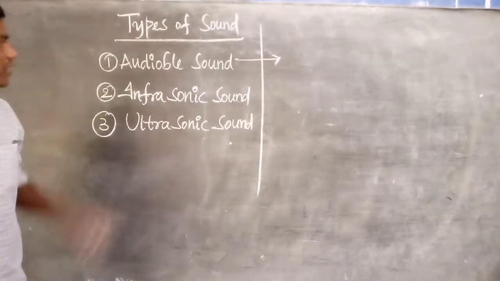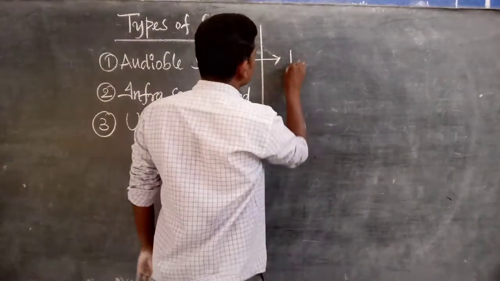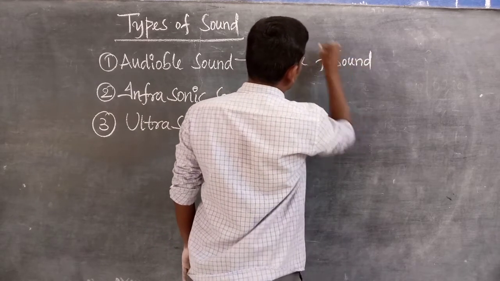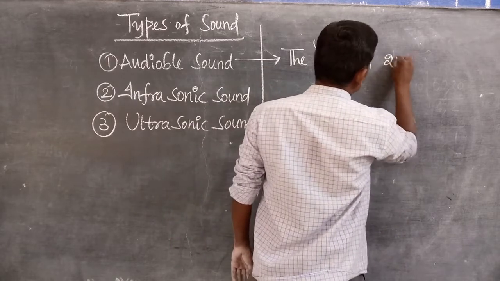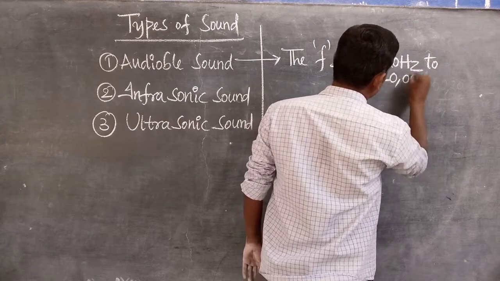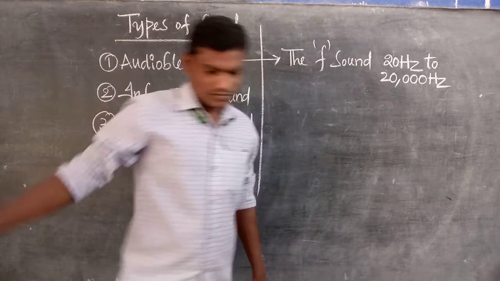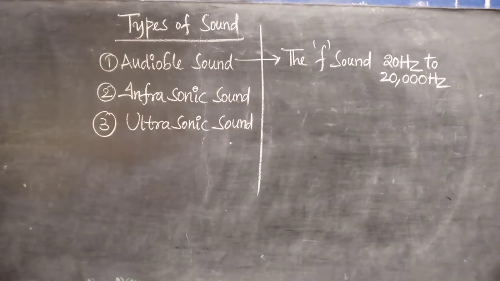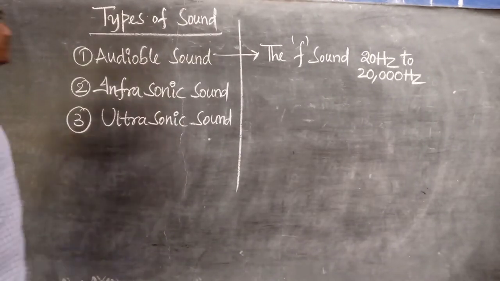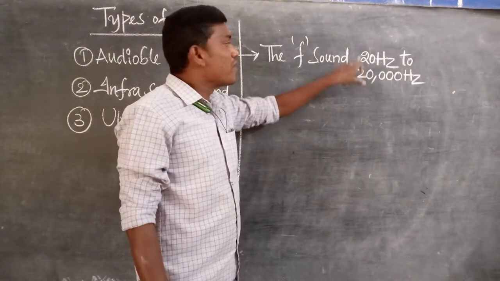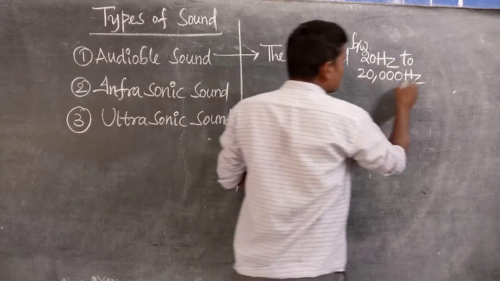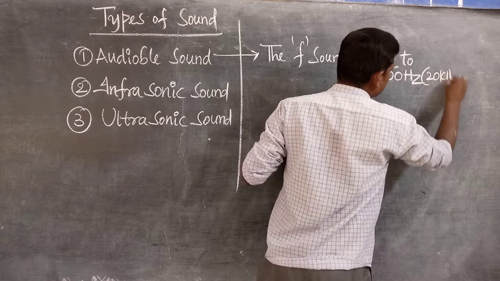Which type of sound are we calling audible sound? The frequency of sound between 20 Hz to 20,000 Hz or 20 kilohertz.